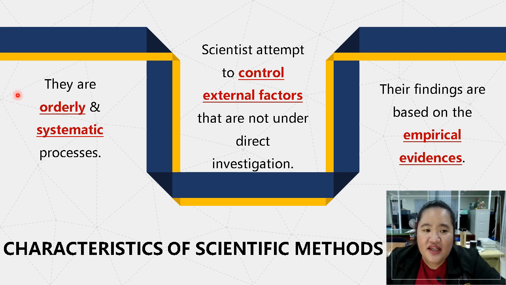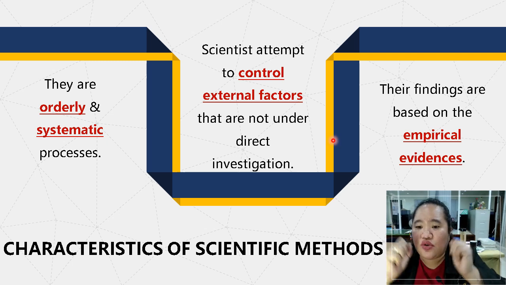First, they are orderly and systematic processes. They follow a sequence, a step, or a pattern. Second, scientists attempt to control external factors that are not under direct investigation. In the scientific method, class, they eliminate biases and control external factors that might affect their investigation or research.